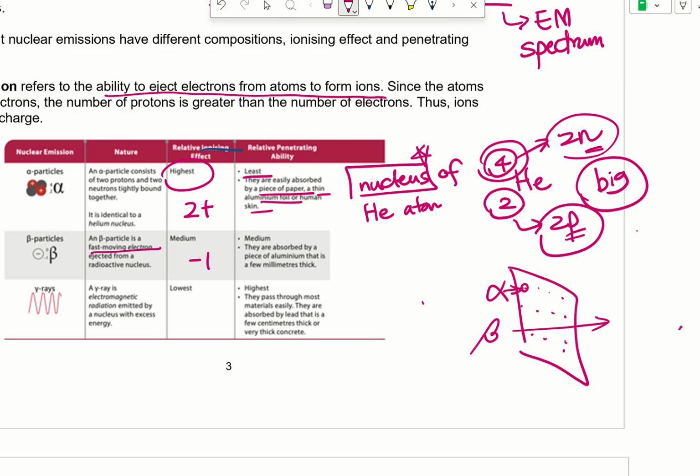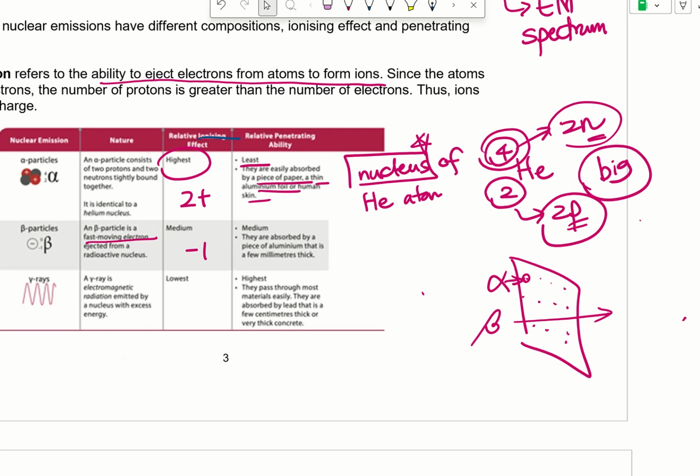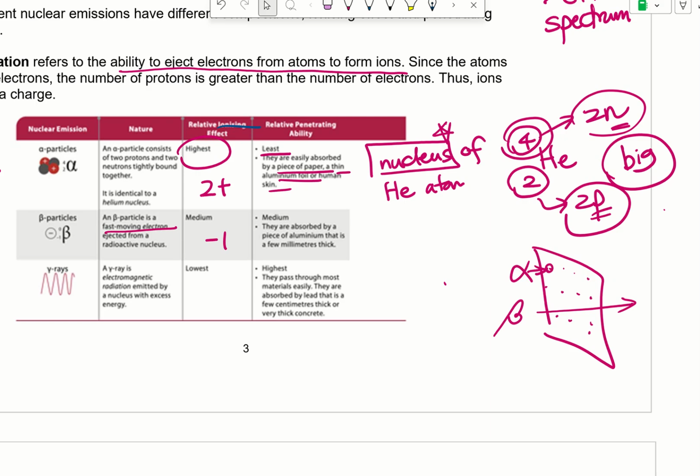The beta will pass through. Later on, there will be a diagram that shows it. They need to be blocked by a piece of aluminium that is a few mm thick. Just now we said a thin aluminium foil, that means less than that. But if I increase the thickness of the aluminium, then the beta will be blocked or absorbed.